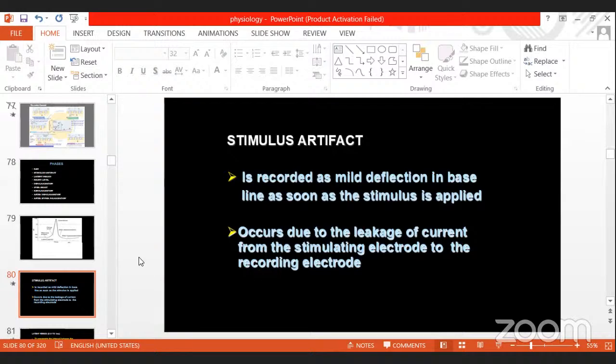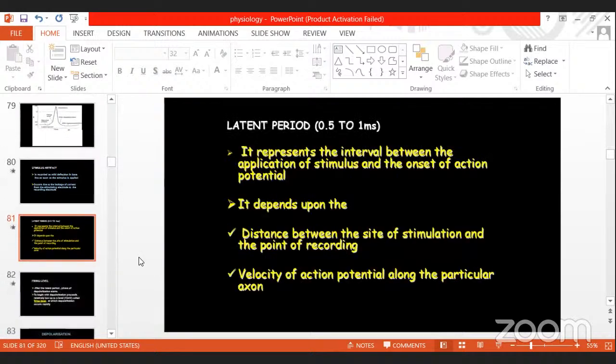This is what we are going to record. And latent period is the interval between the application of stimulus and onset of action potential. Remember, it is around 0.5 to 1 millisecond.